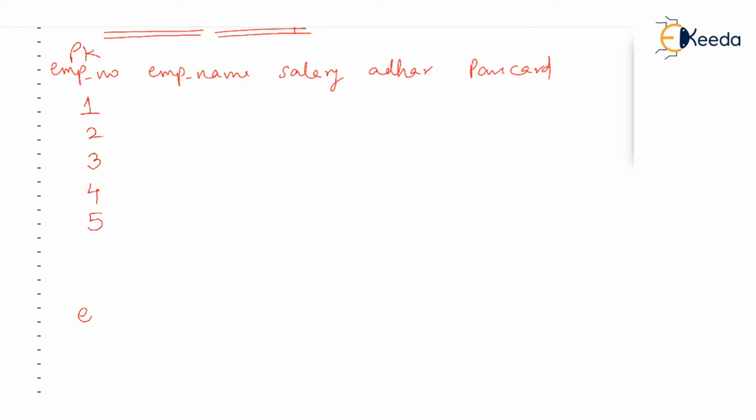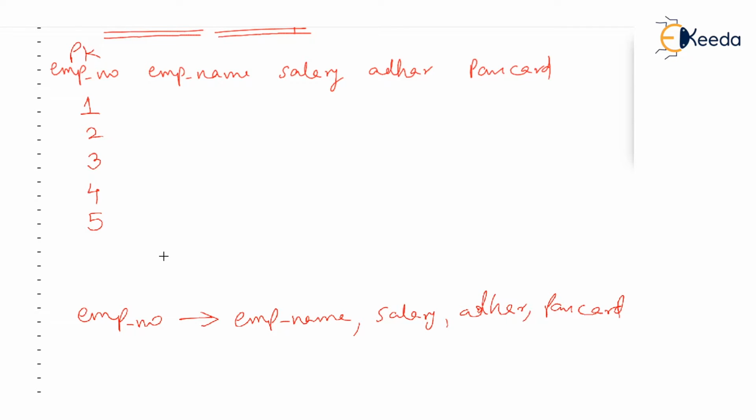Given the value of employee number, you can determine all other attributes of that particular table for that particular employee number. For example, given an employee number, you can easily know the name of that person, the salary, the Aadhaar card number, and the PAN card number.